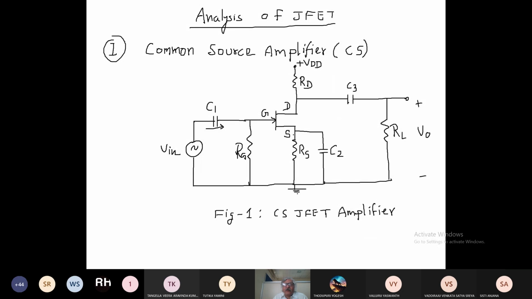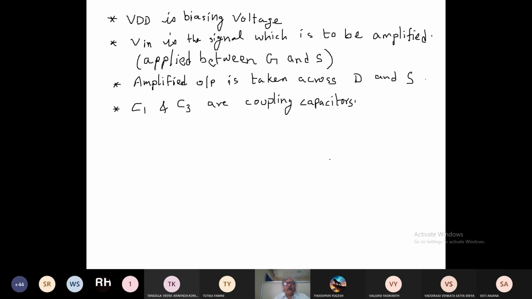And if no current passes through RS, then there will be no voltage drop across RS, and all the amplified output you will get at the output V out, right? If you do not connect C2, then what will happen? The current will flow through RS and there will be voltage drop across RS, and the voltage gain will reduce, right? For that we have used this C2, and C2 is a bypass capacitor.